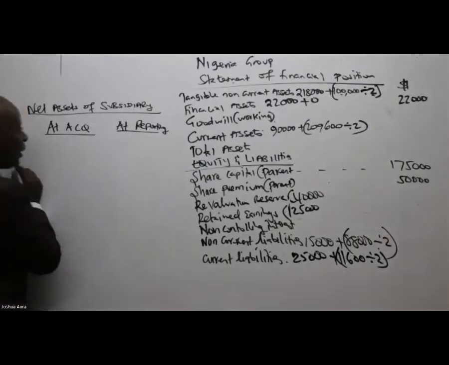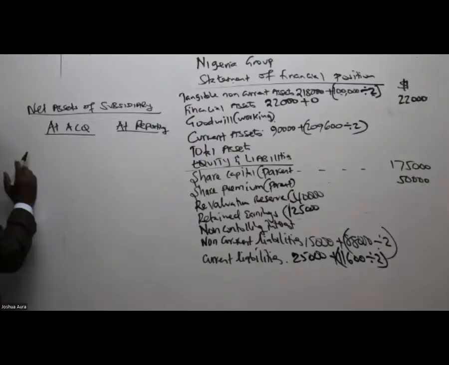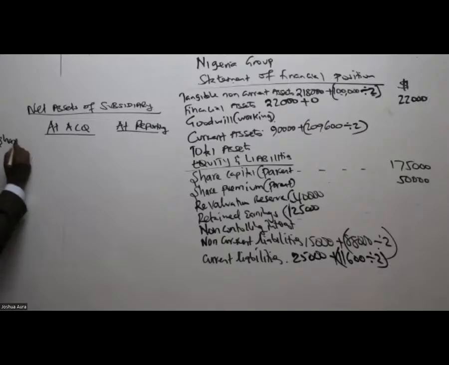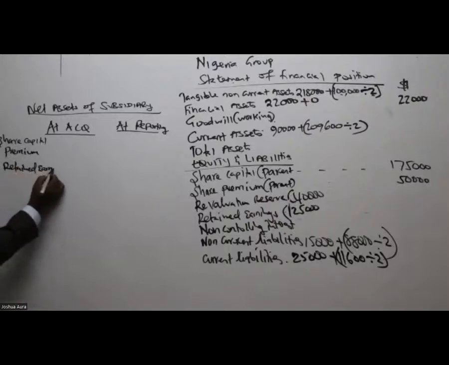So the first equity component there is share capital. Then we have share premium. Then we have retained earnings.